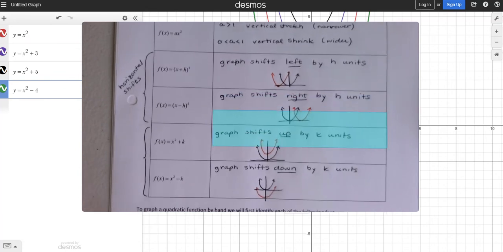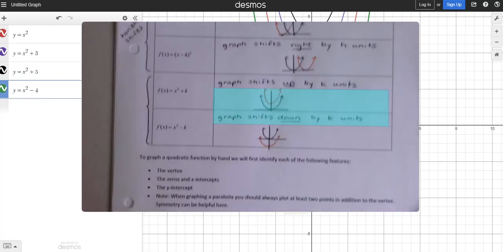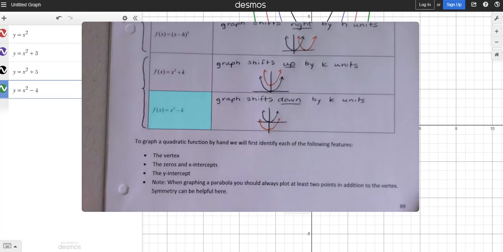All right, so we are now going to graph some shifted or transformed parabolas. Again, by hand, what I'm going to want to do first is identify the vertex. We'll do that by using the shifts, right? How is the vertex moved, left or right, up or down?